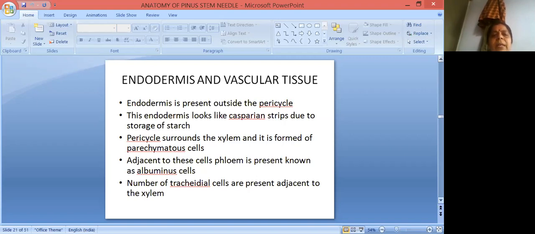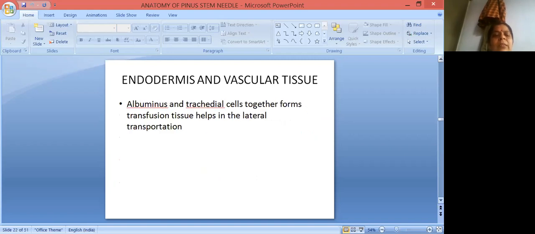And adjacent to the pericycle, the xylem is formed by tracheal cells, and phloem-related albuminous cells are also present on the side of this pericycle.